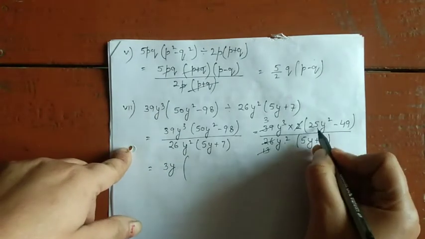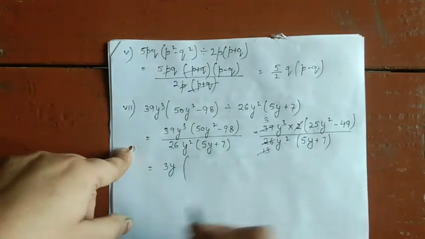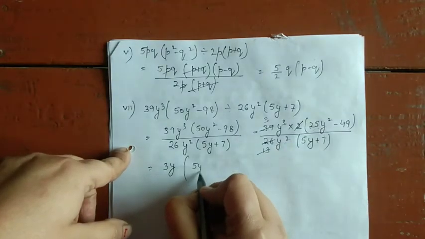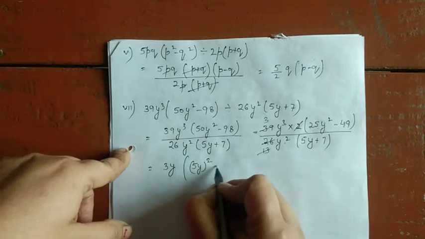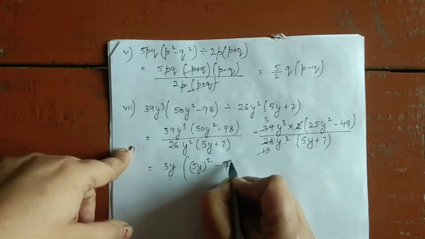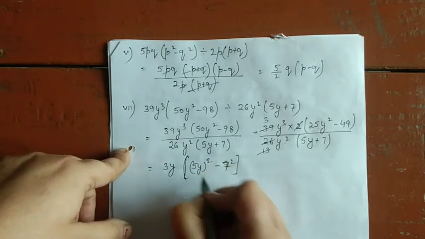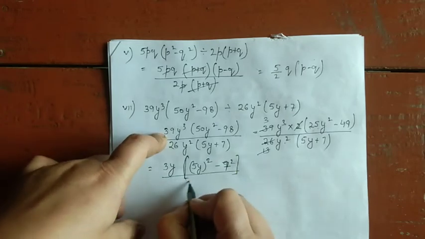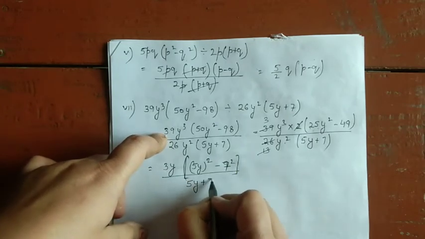But just check how we can factorize this one. For the factorization, 25 is the square of 5 and 49 is the square of 7, and it will be divisible by 5y plus 7.